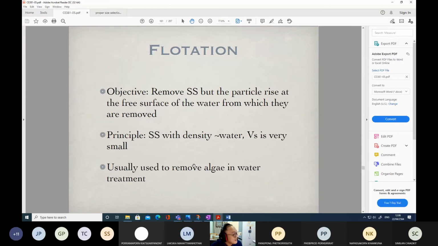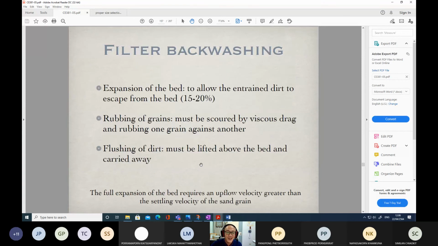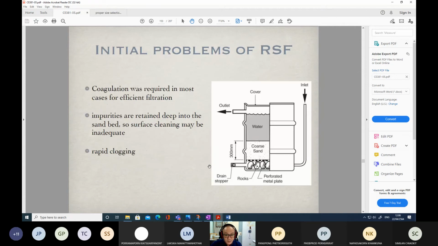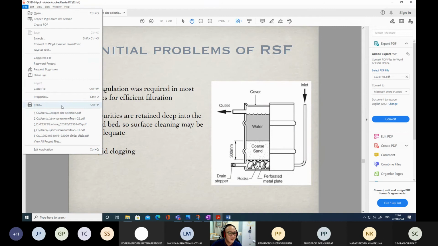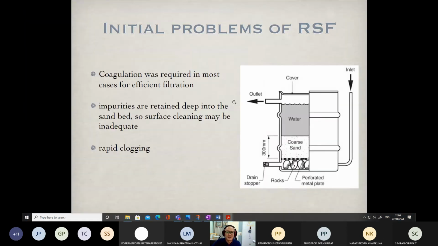Okay, we still have time. For the filter, another issue when we operate the filter is about the head loss.